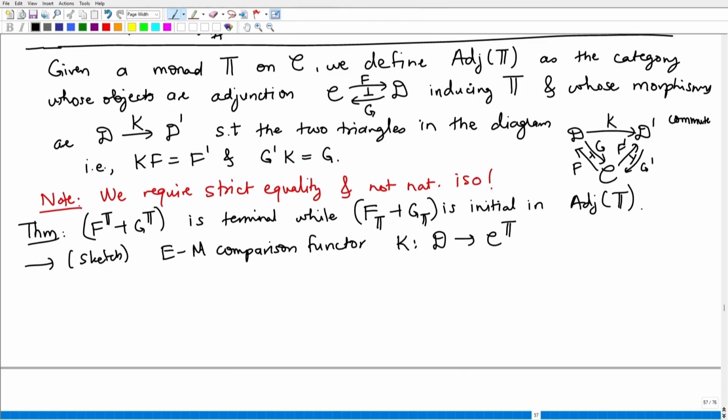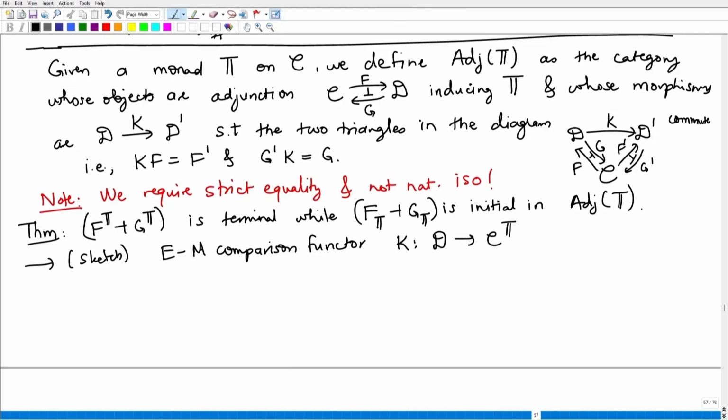What does this functor do? If you are given any object D, so you imagine that this D prime in this upper triangle is C^T. So if there is an adjunction which induces the monad T, then we have to map that D into C^T in such a way that everything commutes. Any guesses?